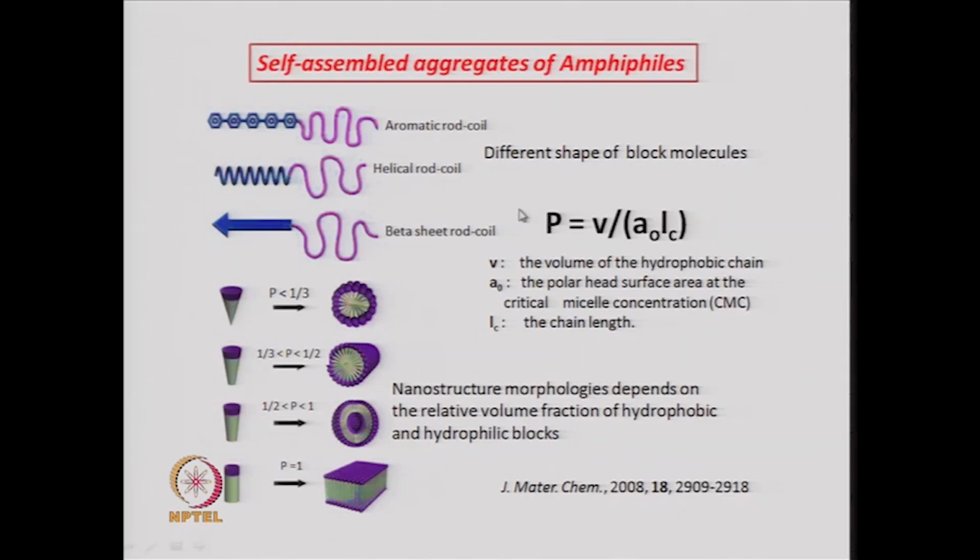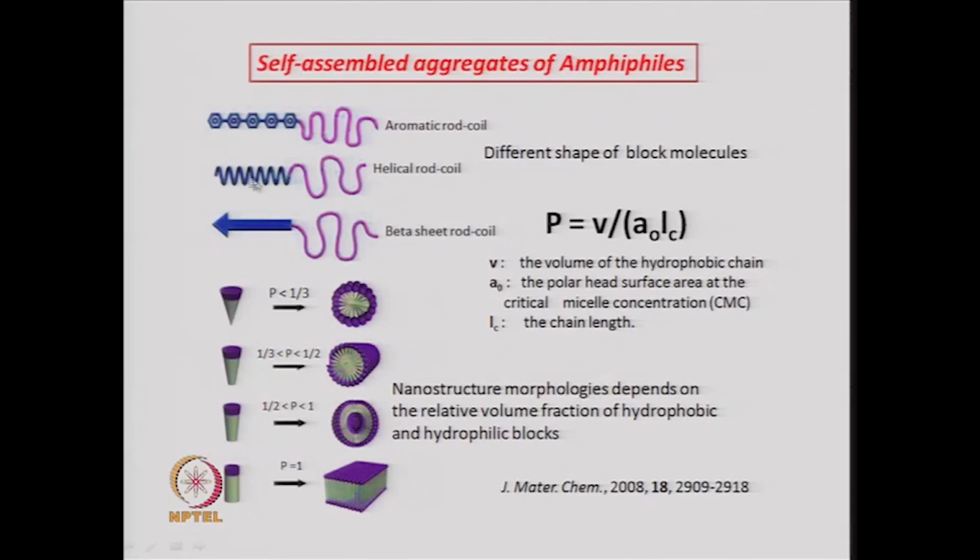Here we show you some examples of self assembled aggregates of amphiphiles. Amphiphiles are molecules which have interactions with both a hydrophilic and a hydrophobic group. Here you see an example of an aromatic rod and a coil.